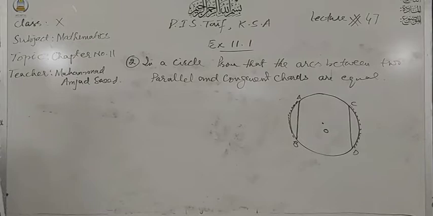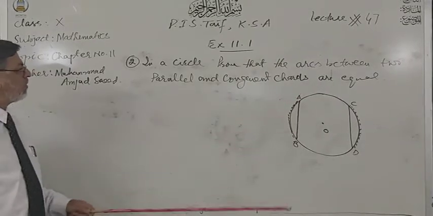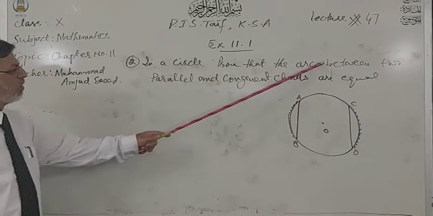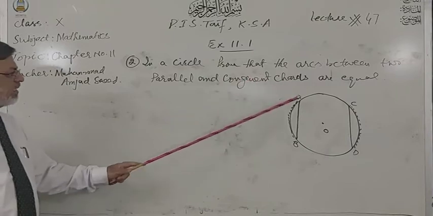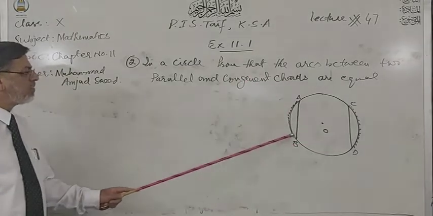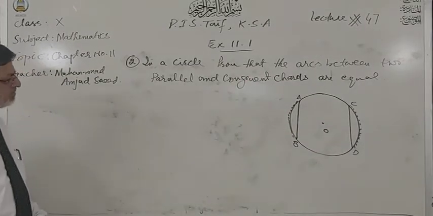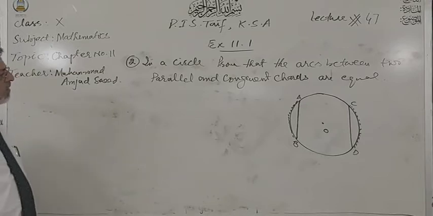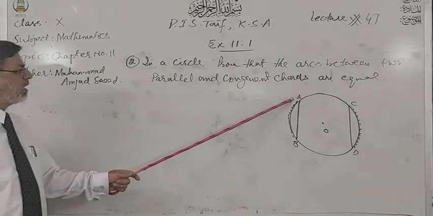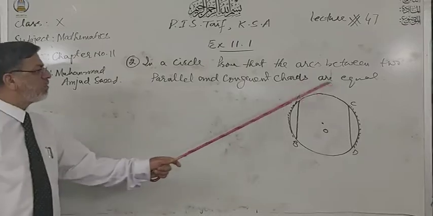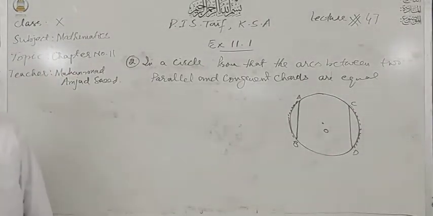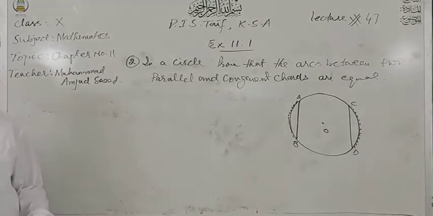So again, in a circle with center at O, the two chords AB and CD are parallel and equal. Then to prove is arc AB is congruent to arc CD. This is to prove.